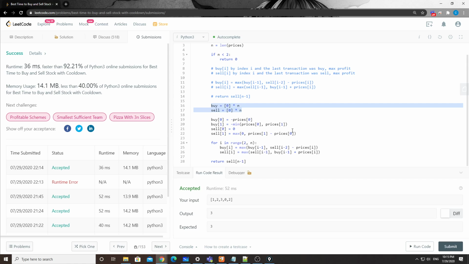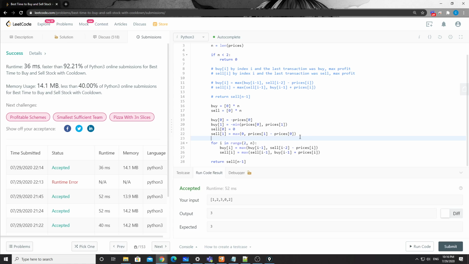To improve, you guys may have already figured out how. Since we have two DPs, the current dp[i] will only depend on three variables, which means a constant number of previous states.